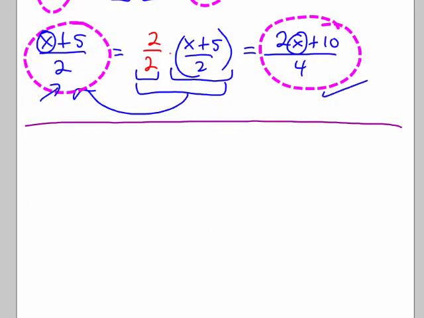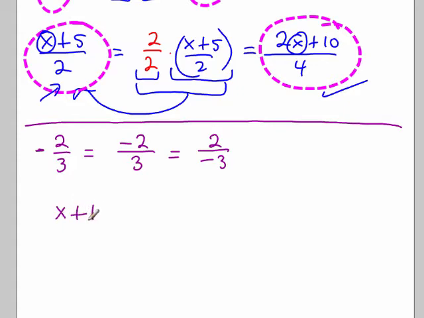Let's just look at one more common situation dealing with negatives. If you have negative 2/3, we know that that's equivalent to negative 2 over 3, which is equivalent to 2 over negative 3. The negative can go in front on the numerator or on the denominator. Well, with algebraic expressions, the same thing applies.